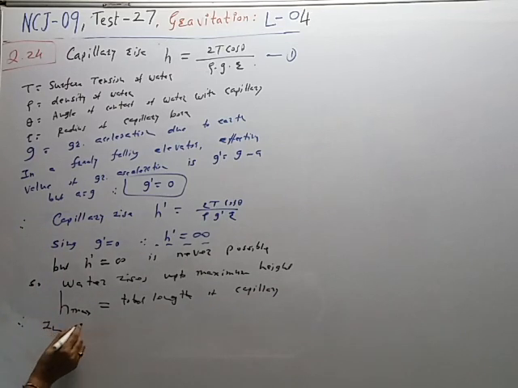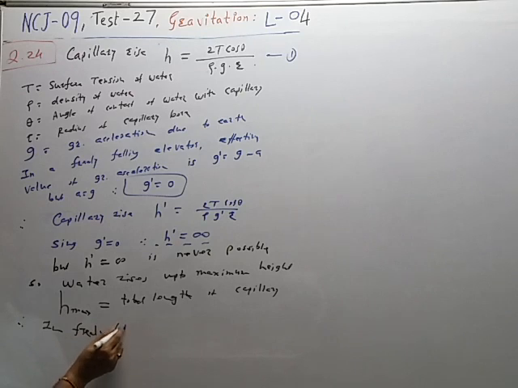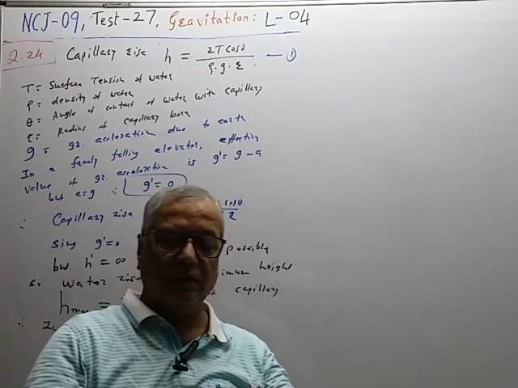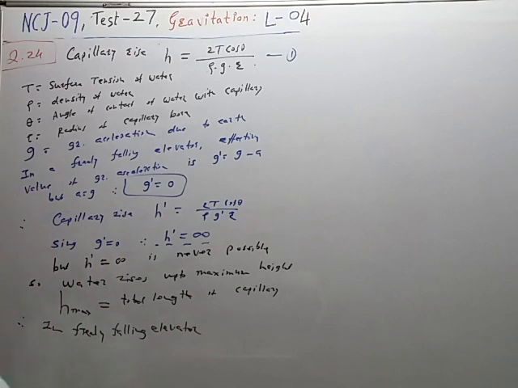Therefore, in a freely falling elevator, h max is equal to L, which is equal to 20 centimeter.